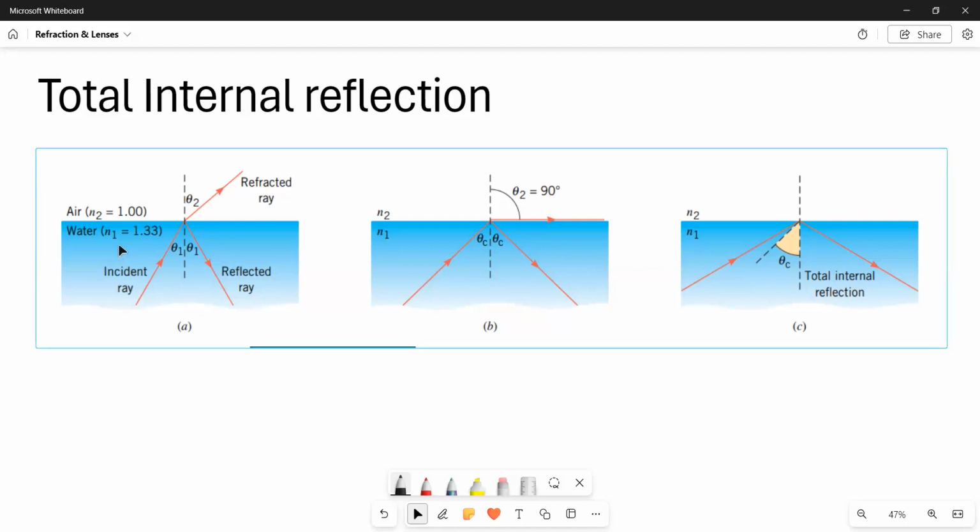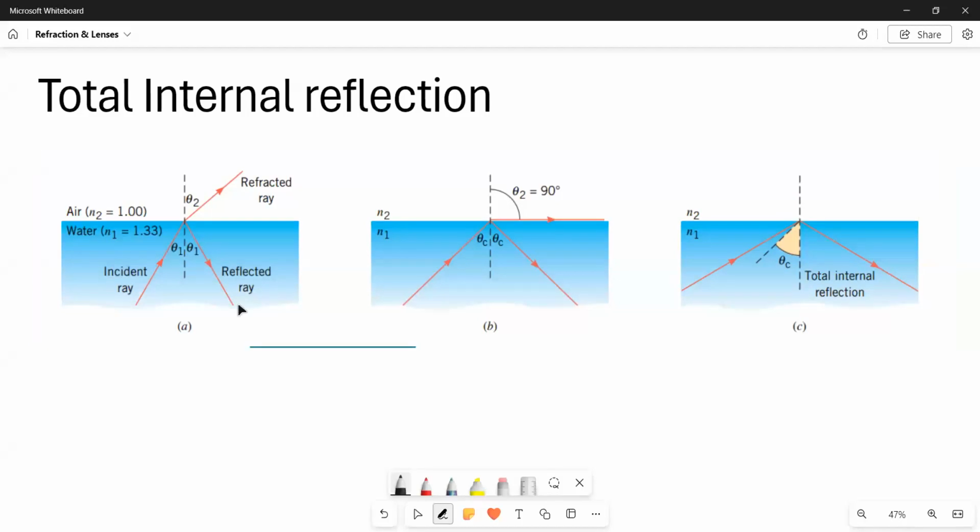Now here, if you have a ray passing through water, a part of the ray is reflected, and a part is refracted. Now, if you were to increase theta 1, this angle, you come to a point where the refracted ray is parallel to the surface of the water.